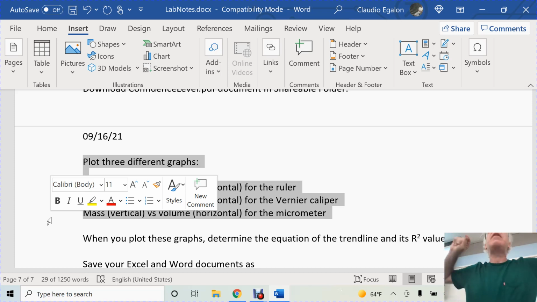But before we start plotting the graphs, I want to see group 1. Who is group 1? Okay, group 2. Group 3. Group 4. Group 5. Group 6. Do we have group 7 as well? Yeah, we have group 7. I would like to do the following so I know where you folks are located. I did that with the Tuesday section as well.